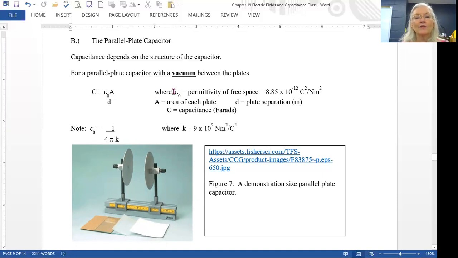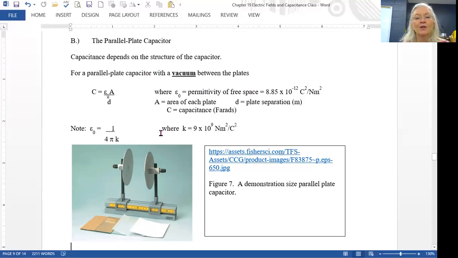So instead of saying epsilon sub-zero, it's epsilon sub naught, and that's something called the permittivity of free space. And in this instance, free space is basically a vacuum. You don't need to memorize the value of 8.85 times 10 to the minus 12 coulomb squared per Newton meter squared. It'll be given for you.